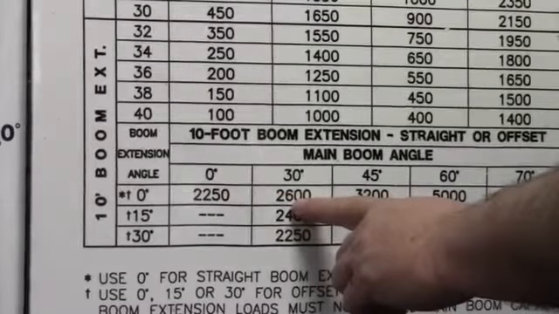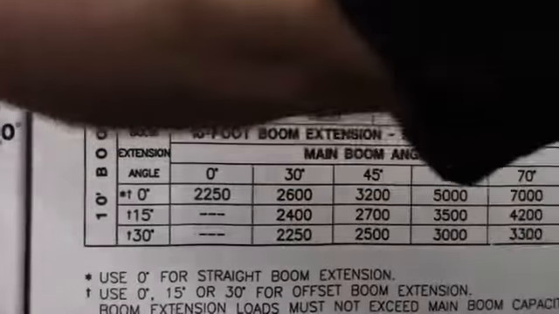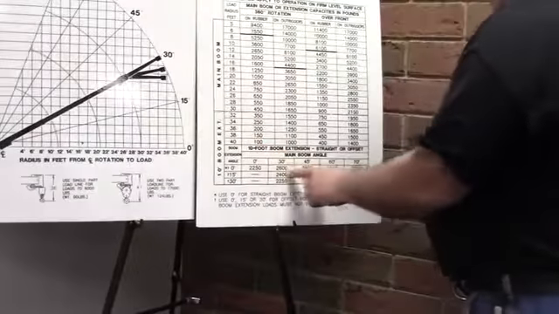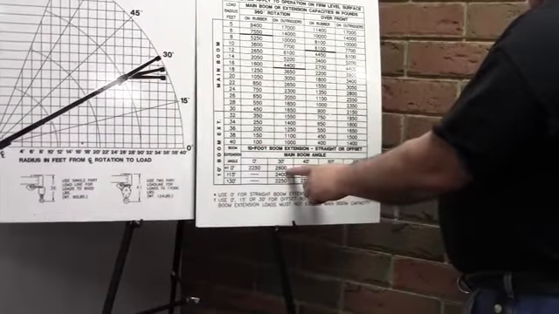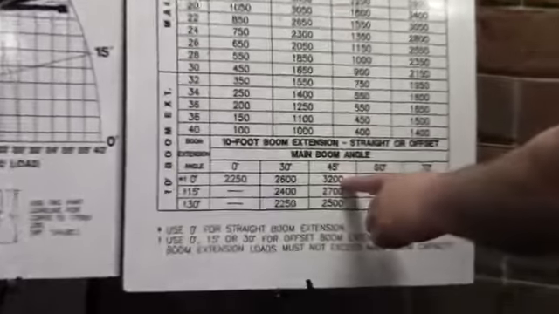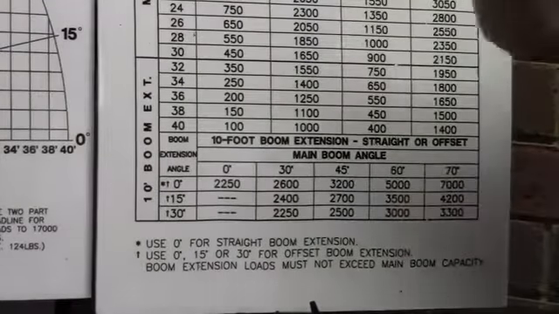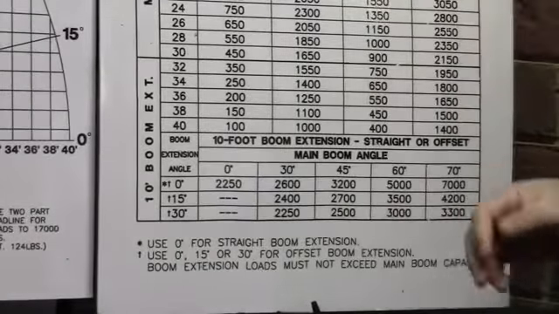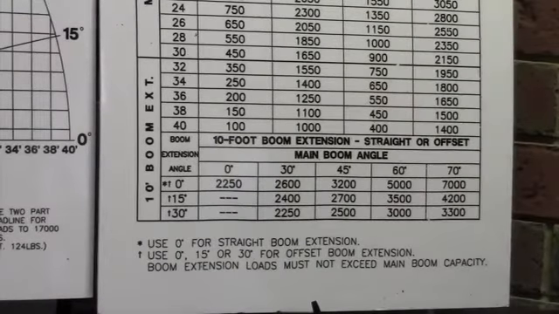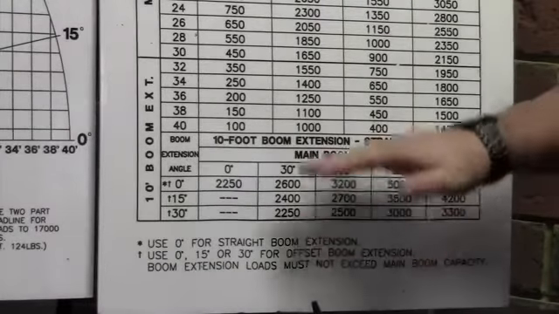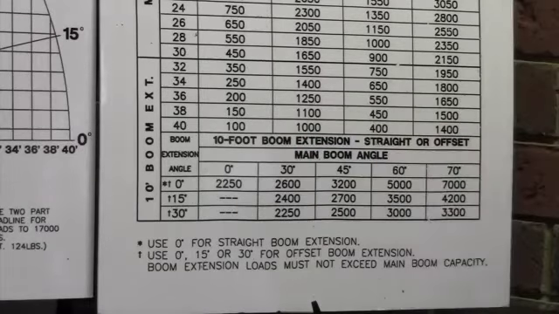When the boom of the crane is at 30 degrees, this angle here, I have a 2,600 pound capacity. When the boom of the crane is at 45, I have a 3,200 pound capacity, and all the way to the point where your boom is almost standing straight up at 70 degrees, I have a maximum of 7,000 pound capacity. Now, this chart right here just gives you the capacity of the jib itself.